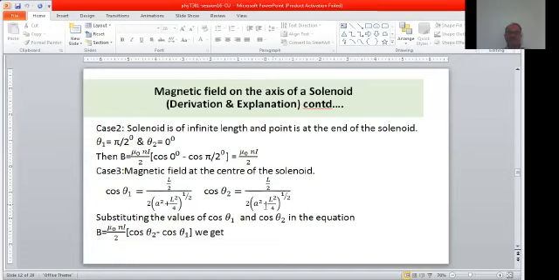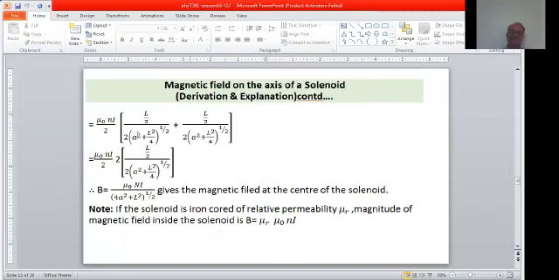Similarly, the expression for cos theta 2 will be the same because the point is exactly at the middle. Substituting the values of cos theta 1 and cos theta 2 in the equation, we have to simplify. Here we have substituted and simplified, and lastly it becomes like this. So therefore B is equal to mu naught n I divided by 4 A square plus L square raised to half gives the magnetic field at the center of the solenoid.